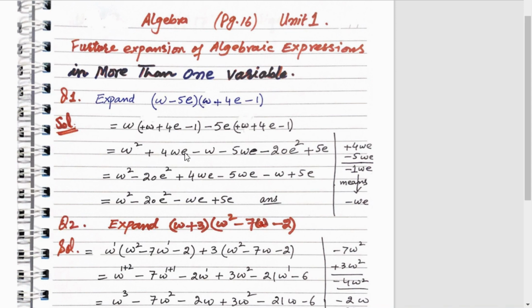W, E order should be the same throughout because multiplication is commutative. Whenever we write WE, we can write it as EW because WE is equal to EW in multiplication. So minus 5EW means minus 5WE.